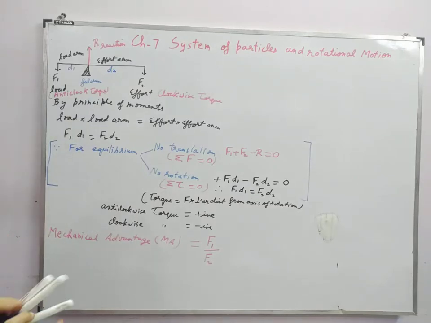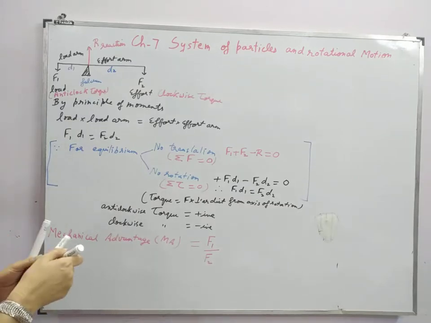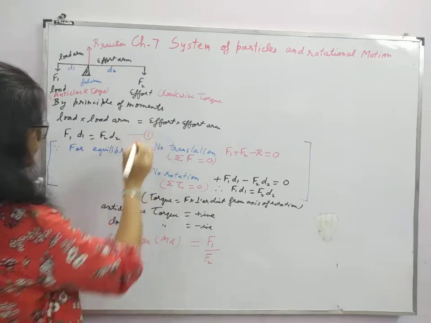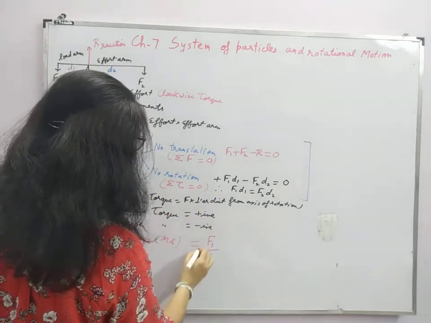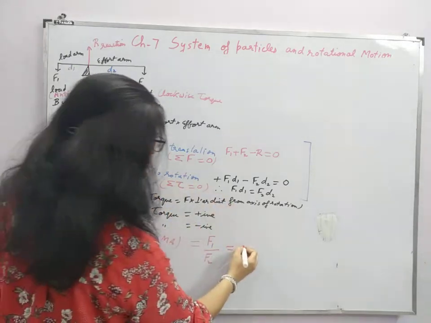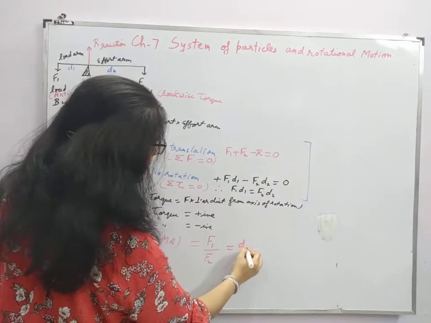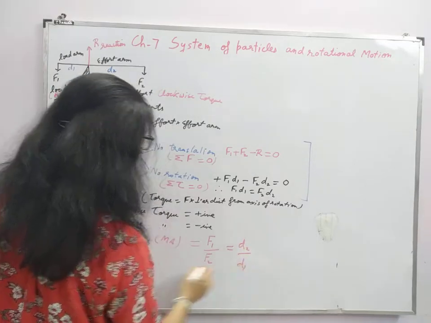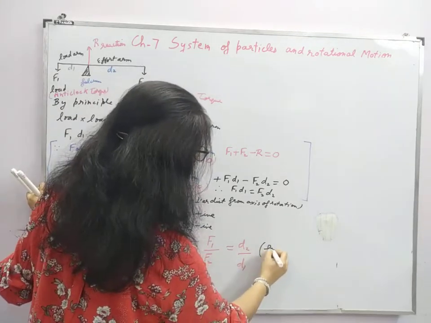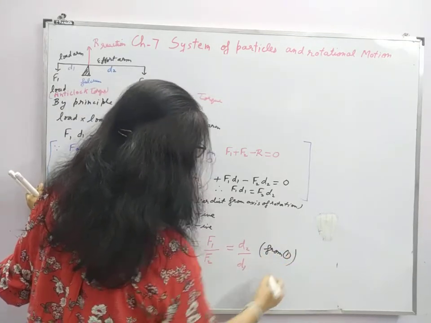So if we find the ratio from this equation, I'm marking this as equation 1. So from equation 1, F1 by F2 is equal to D2 by D1. So this is also a relation.